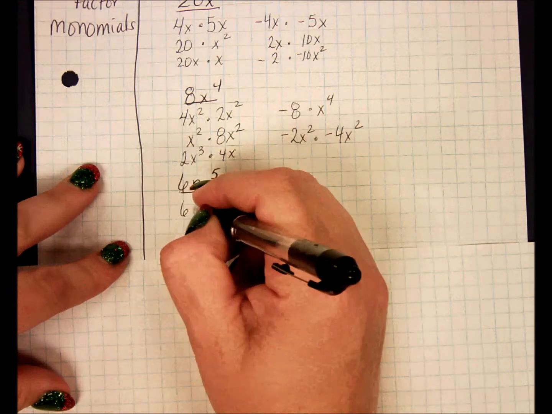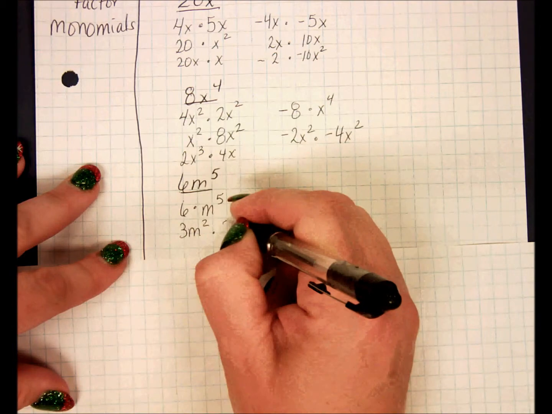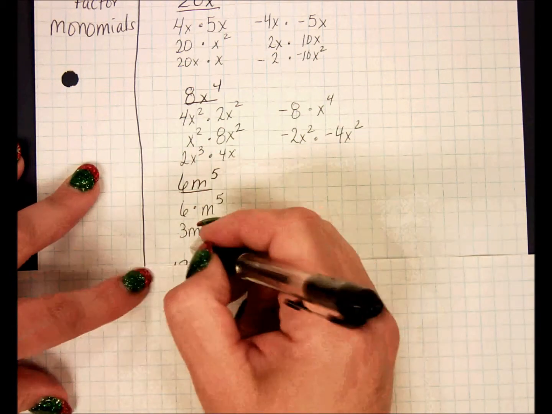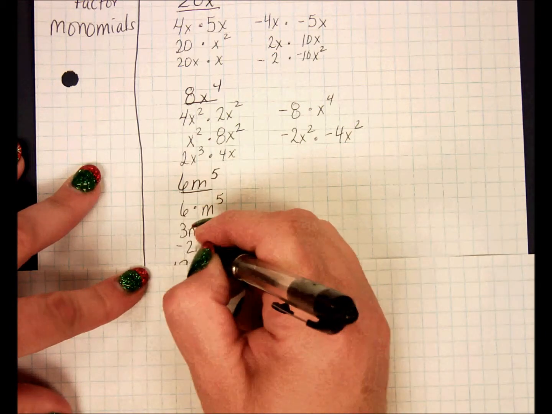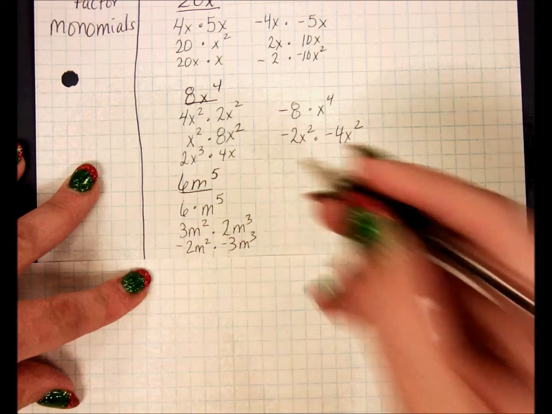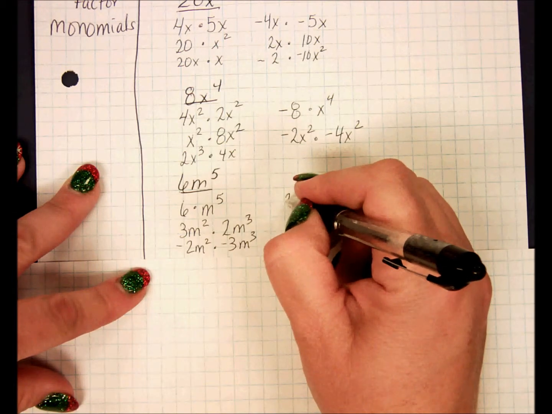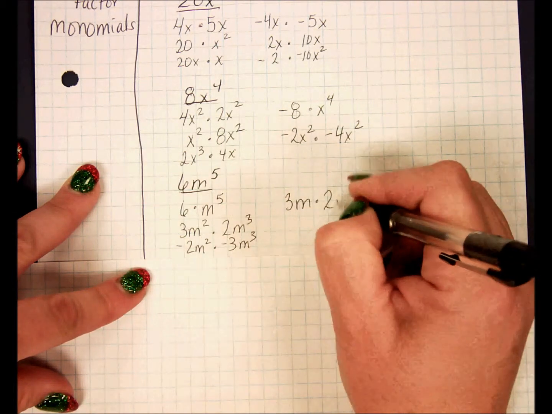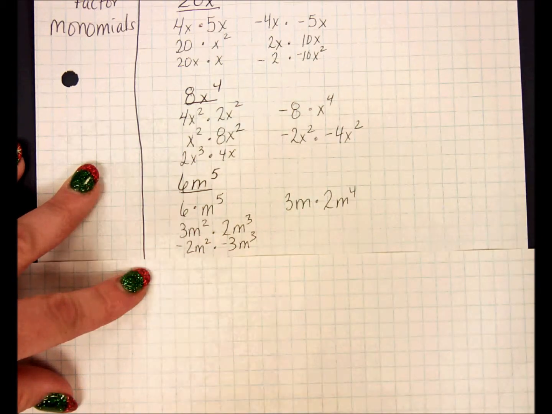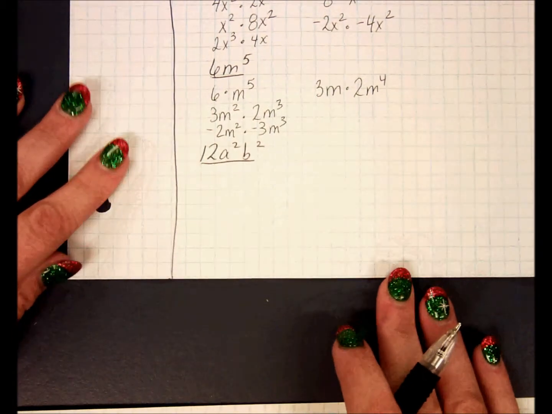So 6 times m to the fifth, 3m to the second times 2m to the third, negative 2m squared times negative 3m to the third, m times 2m to the fourth. So you see that there's lots of possibilities. Let's do another one, our last one. Go ahead and pause and see if you can come up with your own.